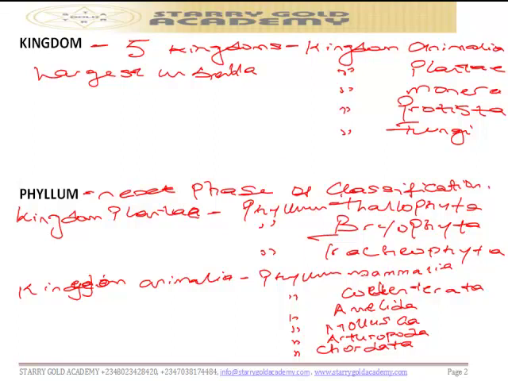Let's say phylum Porifera. We can refer to our biology textbook if we don't understand any of this. They are easily explained there.